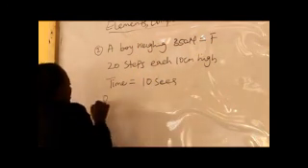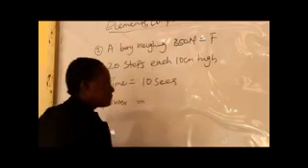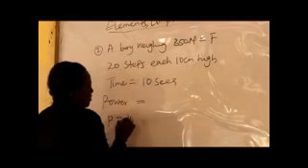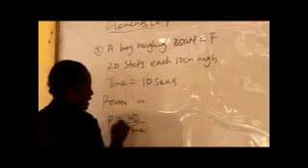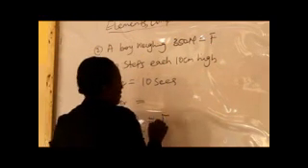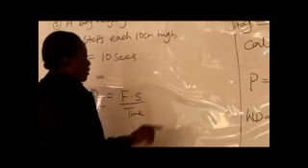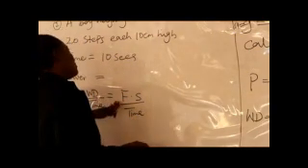Then power equals, remember power again, P is the same thing as work done divided by time taken. And we know that work done is equal to force multiplied by distance, all over time. We are given force now. We will not go to find mass because what we are given is force, which is 350 Newton.